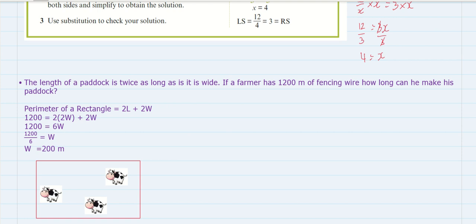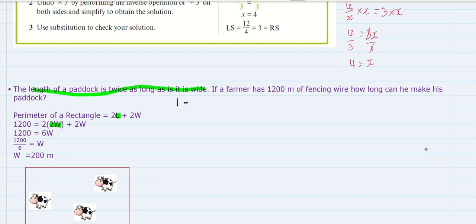And we know that the length is the same as saying 2 widths, because the length of the paddock is twice as long as it is wide. So that's why I've substituted in L is the same as 2 widths. So I've just rewritten this as an equation now: 1,200 equals 2 times 2 widths plus another 2 widths.